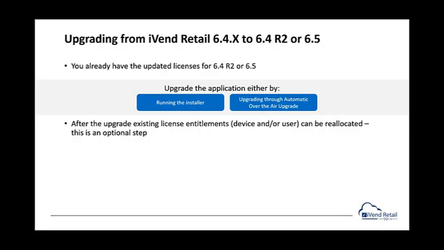And once the upgrade is through, then the license entitlements can again be allocated or reallocated. This, of course, is an additional step. The application on upgrade maintains the earlier license allocation, but the moment you upgrade, you obviously have the option of changing it.